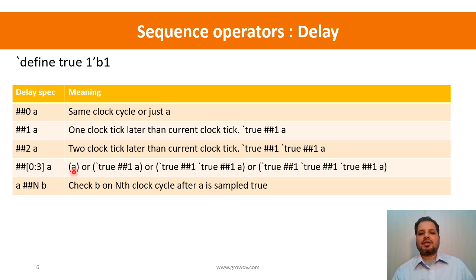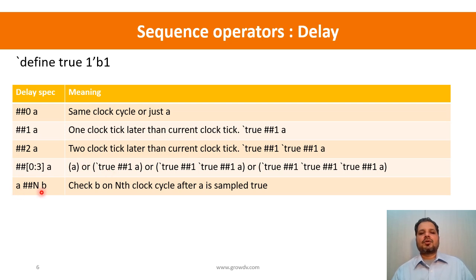And then for the ##3 case, it will be true, then a delay of 1, true, delay of 1, true, delay of 1, and even if the A shows up after 4 clock cycles, this particular expression will be satisfied. So immediately, or on the first, second, third, or 4th clock cycle, if A shows up, then in all those conditions this particular timing expression will be satisfied.